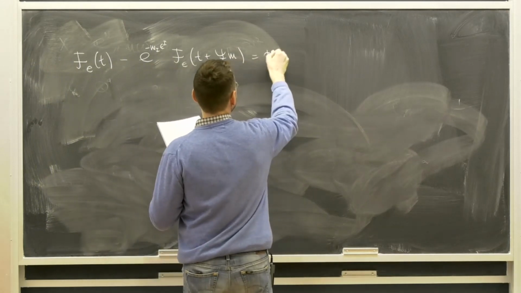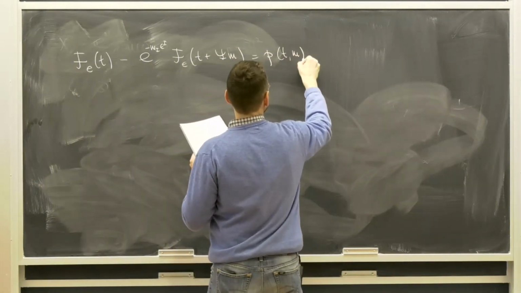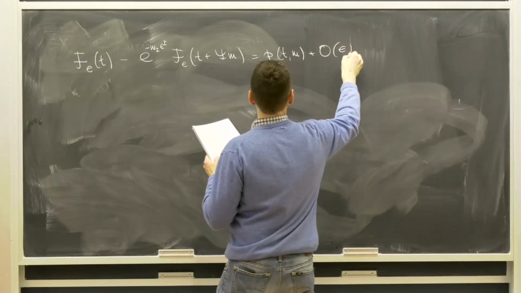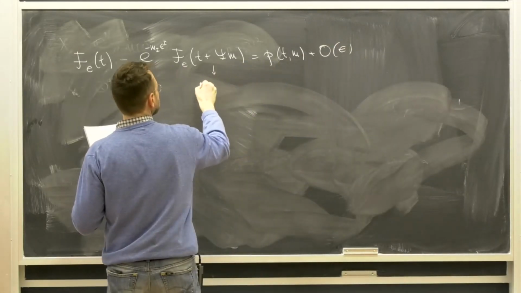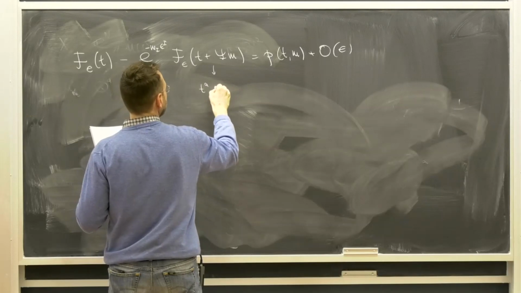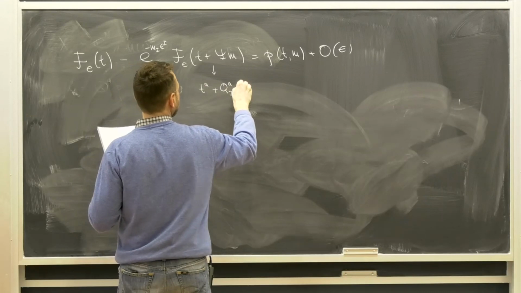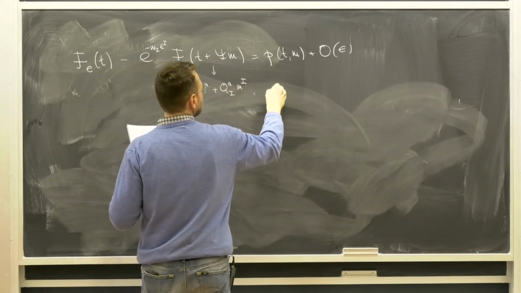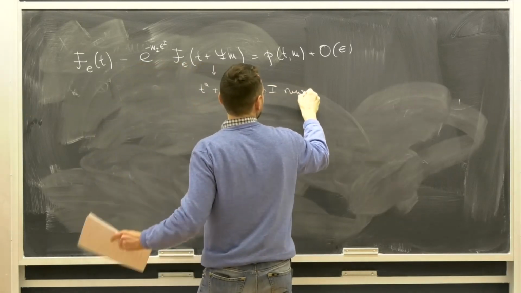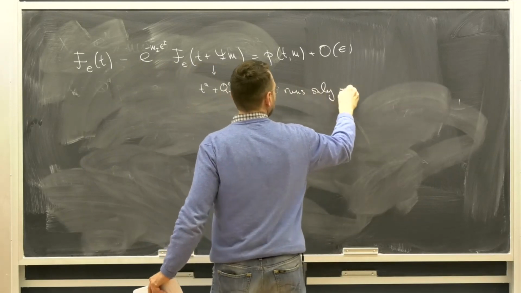Then this will become a regular thing in these variables plus order of epsilon. Concretely this is t_a plus q_a, i m_i. So i runs only over compact divisors.